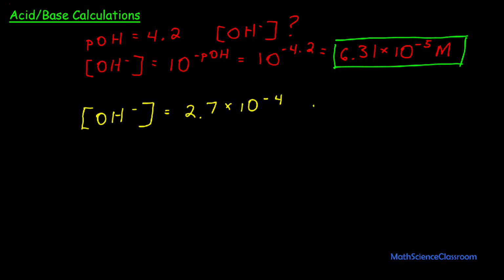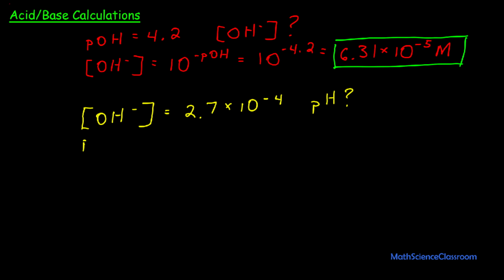And what is the pH? So we're given the concentration of hydroxide, and we want to find the pH. So first, we'll find the pOH. So that'll be the first step.